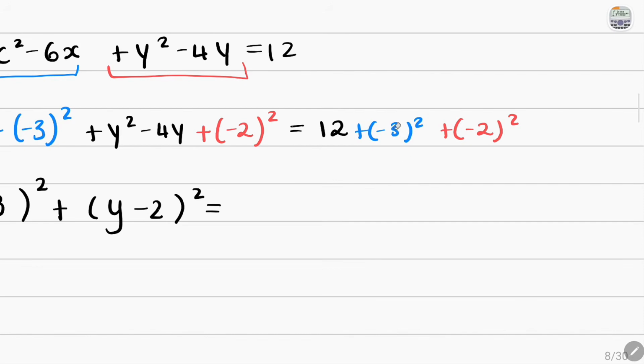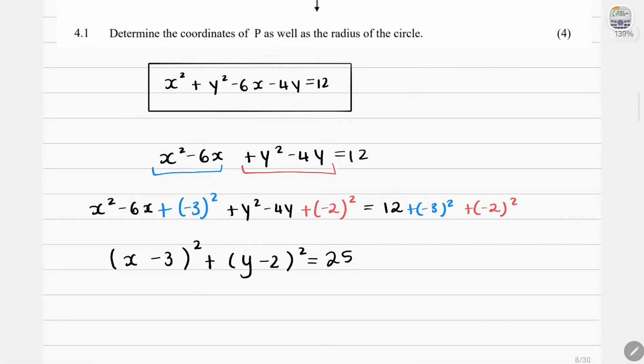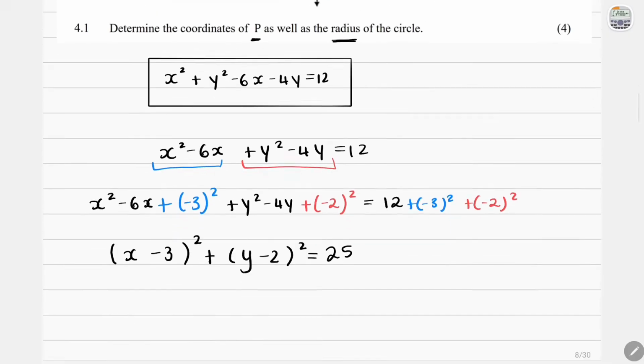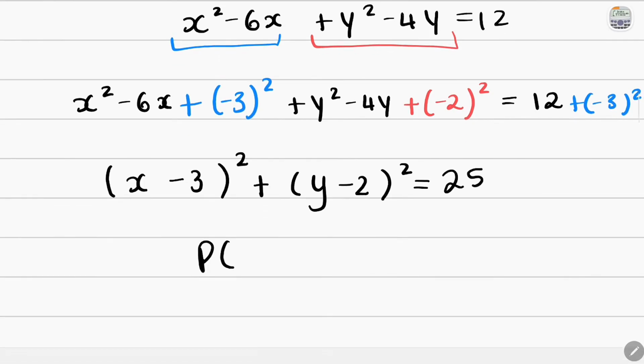That's going to be 9, and that's going to be 4, so they already make 13, and we're saying plus 12, so that is 25. So it's equal to 25. Now it is in the standard form of the equation of a circle, and we can tell the value of P, the center of the circle, and the radius. It's in the form of x minus a all squared, a being the x value of your center.